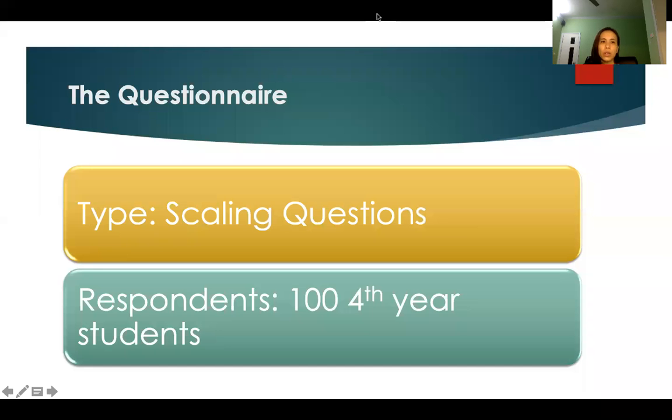To get the data from the students, we used the questionnaire and scaling questionnaire, and we had 100 respondents. They studied the British and American studies last year when they were third-year students, and this year they are fourth-year students.